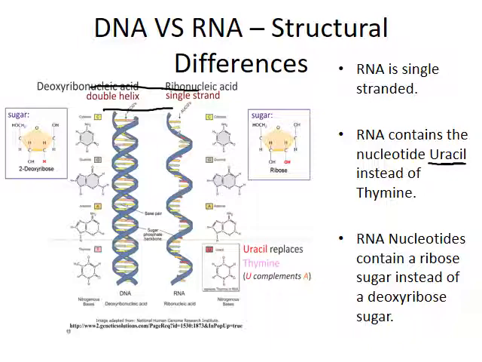So if you think of your structure of a nucleotide, you have your sugar, your phosphate, and your nitrogenous base. In DNA, the type of sugar is a sugar called deoxyribose sugar. In RNA, the sugar is one that's called ribose sugar. So those are our three differences. RNA is single-stranded, RNA has uracil instead of thymine, RNA contains a ribose sugar instead of the deoxyribose sugar.